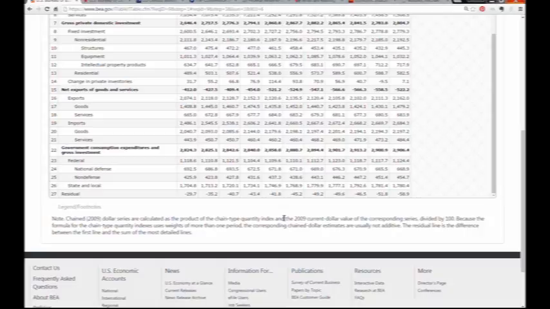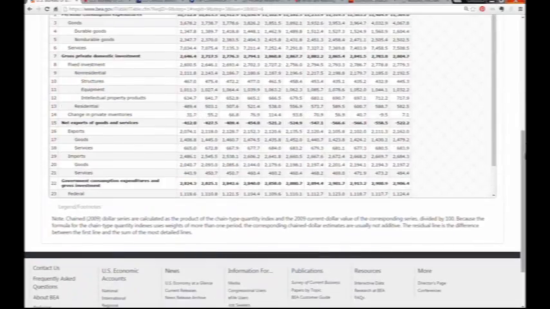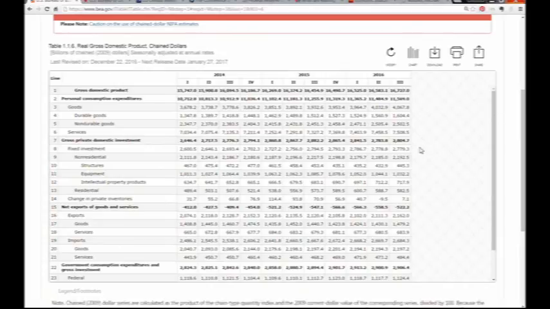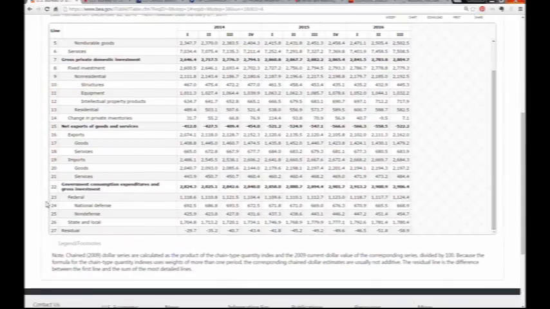The entitlement number is tied back into personal consumption because entitlement spending is typically used to pay for goods and services. So the entitlements contribute to the money available for personal consumption.